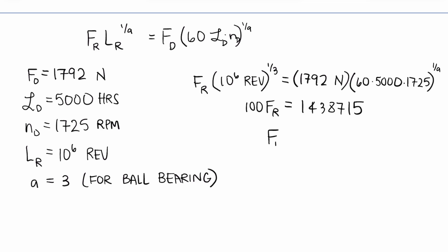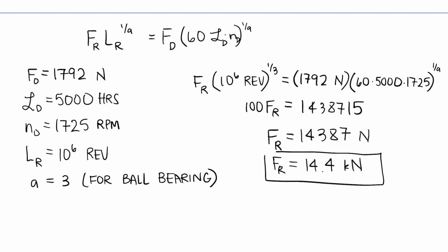Okay, so solving for FR here, we end up with 14,387 newtons, or 14.4 kilonewtons. So that is the rated load that we would need to search for in a catalog for this application.